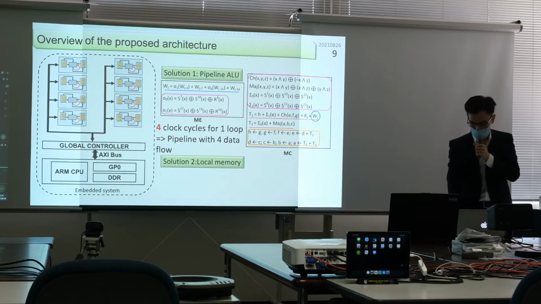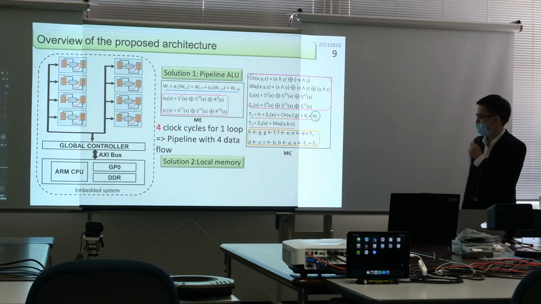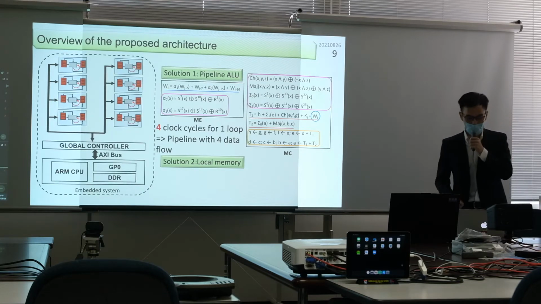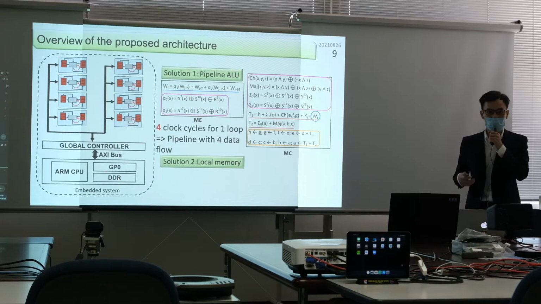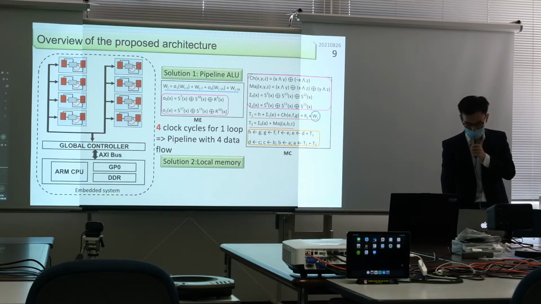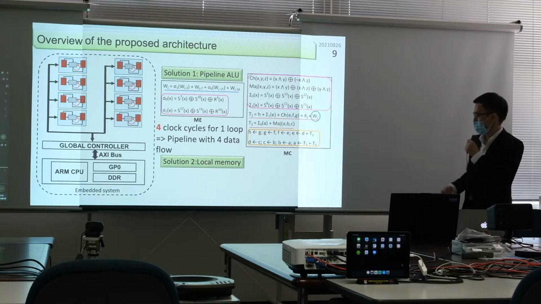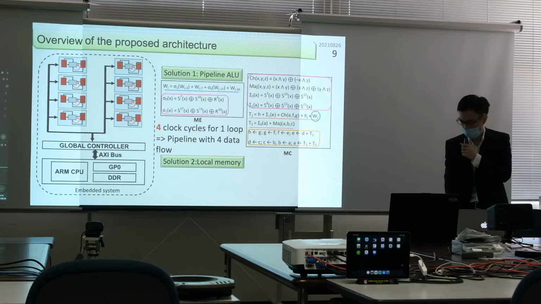The second solution is the local memory. To match the speed of the RU, the data needs to be available when the RU requires it. However, the bus connected between the accelerator and the external memory is always limited.